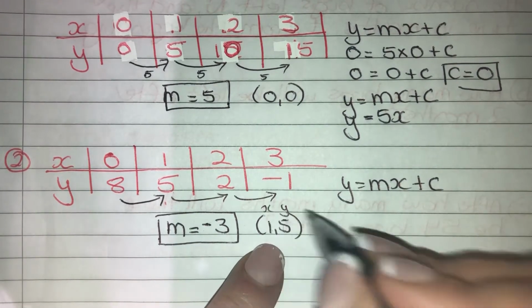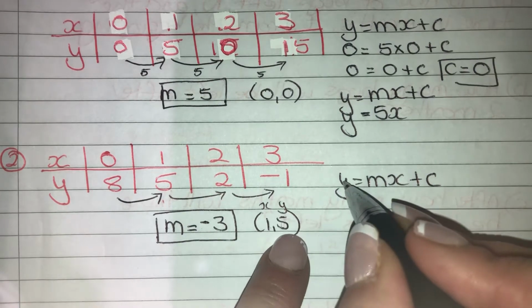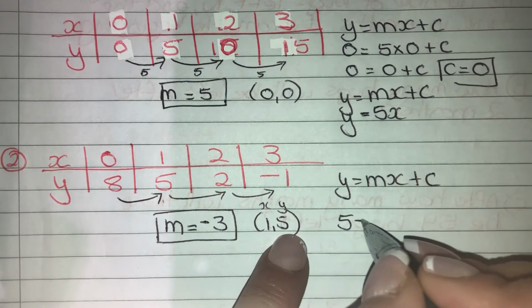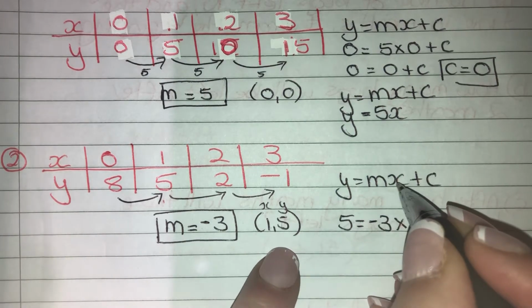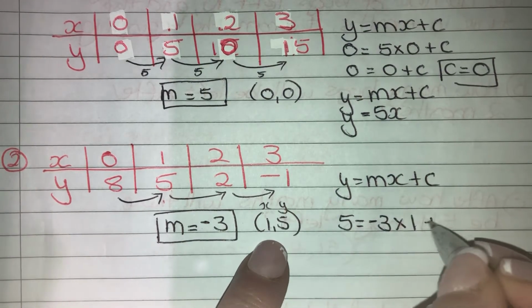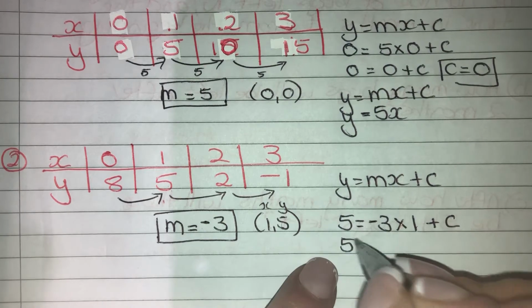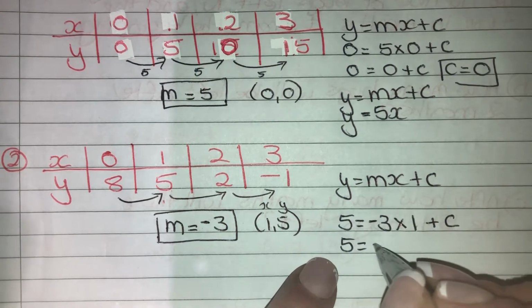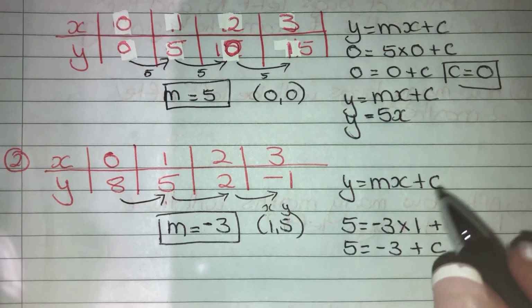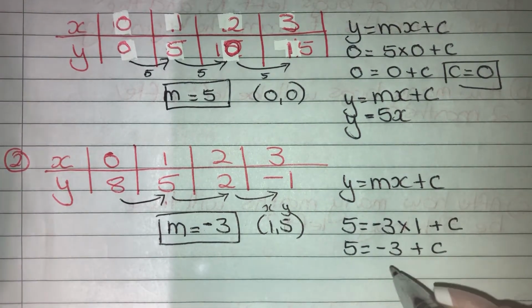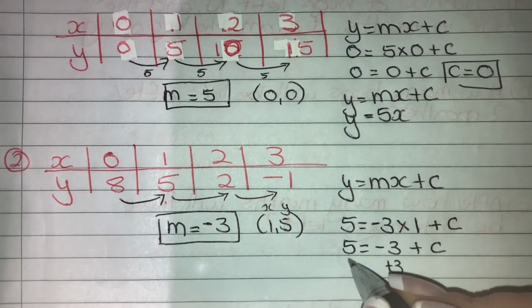This is x, this is y, and we have gradient. So y is 5 equals, gradient is minus 3 times x is 1 plus c. 5 is equal to minus 3 plus c. We're trying to get c by itself. What's the opposite of minus 3? Plus 3.